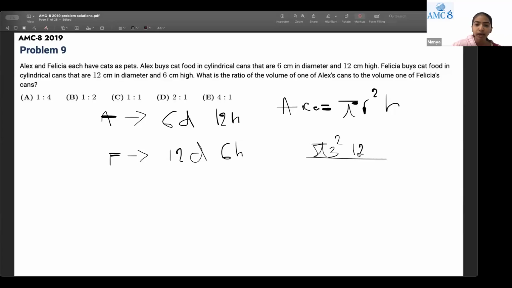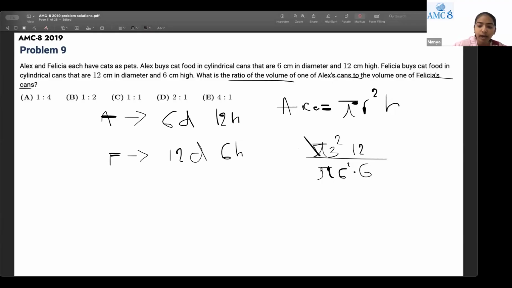And then divided by, since they're asking for the ratio of Alex's can to Felicia's can, pi times half of the diameter, which is the radius, so it's going to be 6 squared times the height, which is also equal to 6.